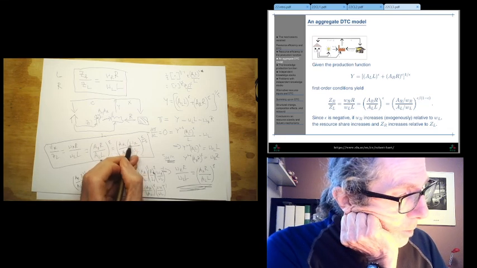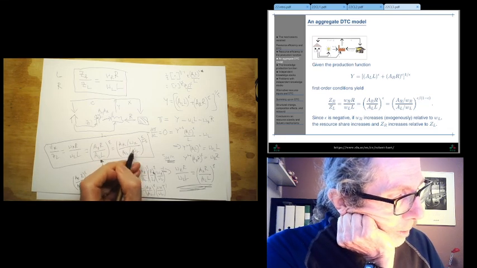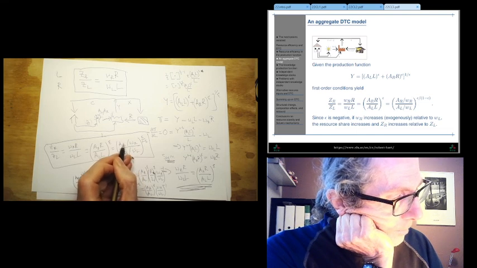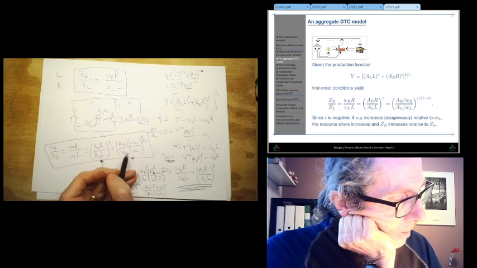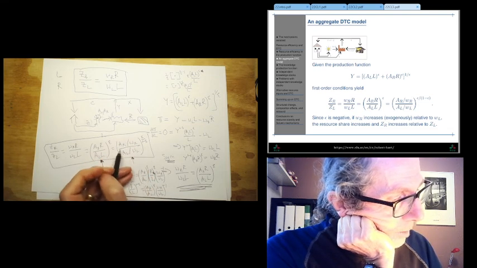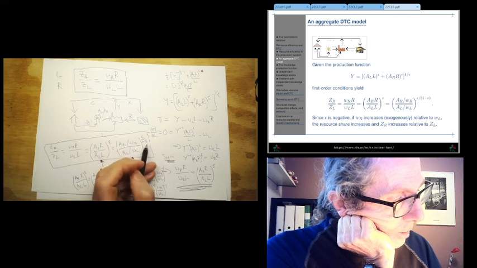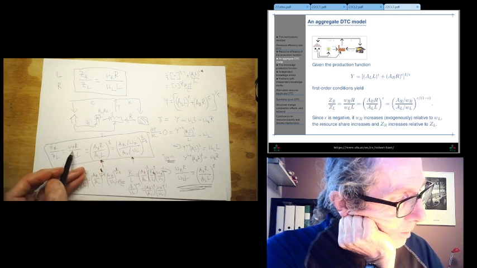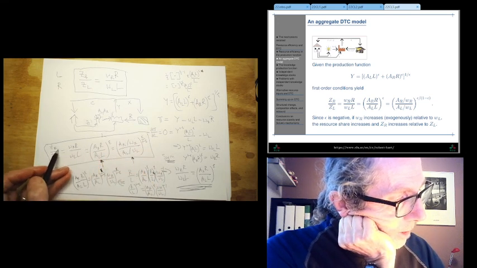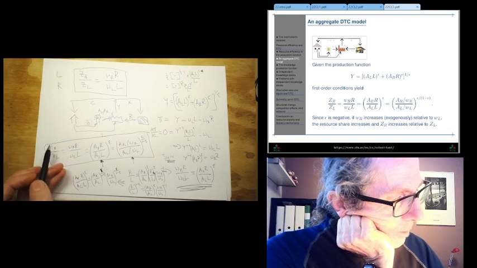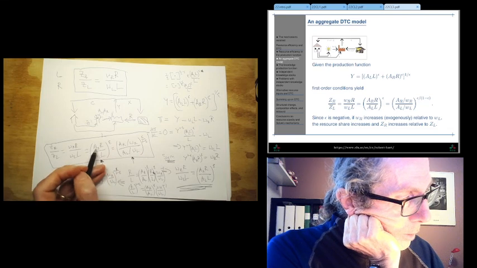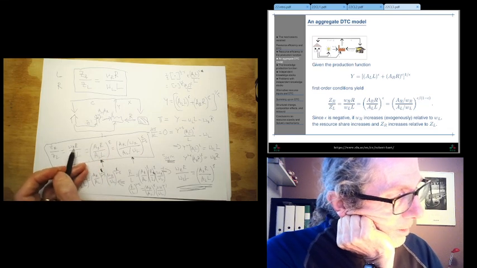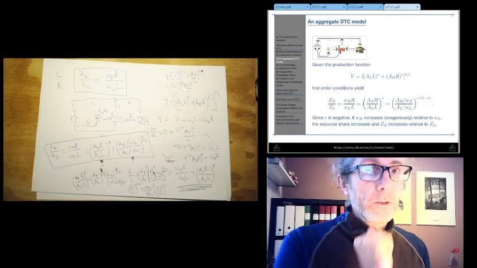So if WR, the price of the resource, goes up compared to the price of labor, this inside goes down, this is negative, so this whole thing goes up. So if WR goes up, the resource share goes up, resource investment goes up. When the price of the resource goes up, we spend more buying resource inputs, we invest more in resource efficiency.